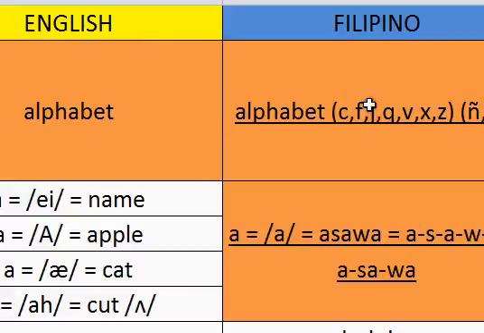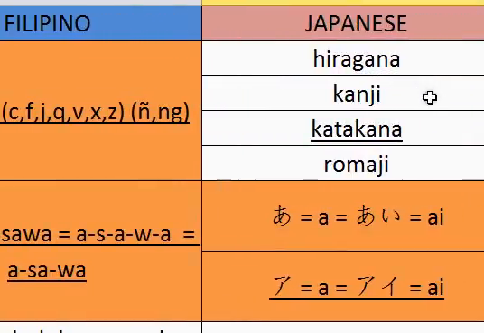We have the alphabet, but in Japanese, I know that some of you already know the writing systems in Japanese. We have three acceptable ones, and those are hiragana, kanji, and katakana. Romaji is the romanization of the sounds, the counterpart of the sound in English or the alphabet system.